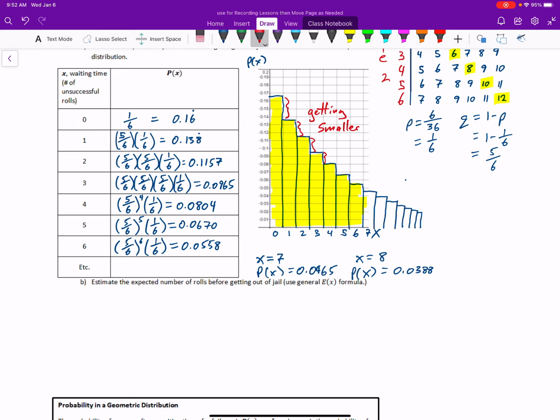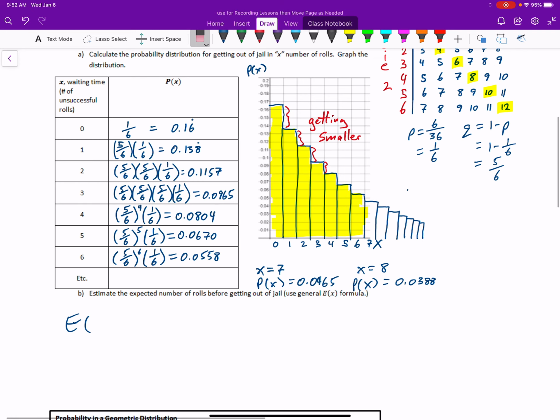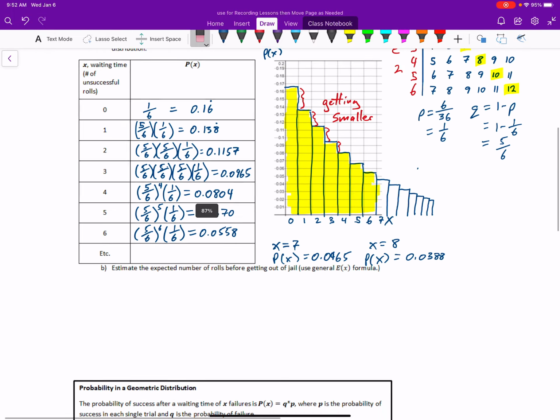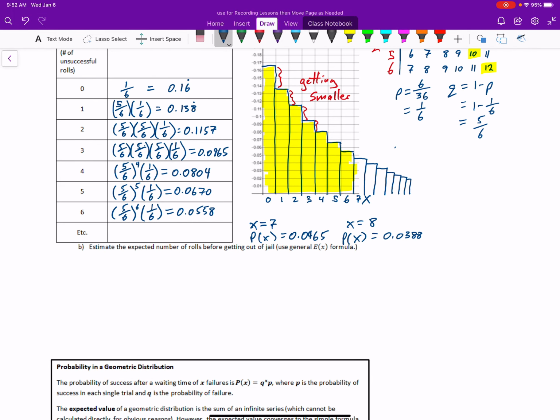Let's look at the expected value. So E at x, let's write that a little neater. Make this bigger too. No, I guess I have to zoom out so I can see my values. All right, E at x equals 0 times, let's just call it 1/6, plus 1 times 0.138 repeating, plus 2 times 0.116.